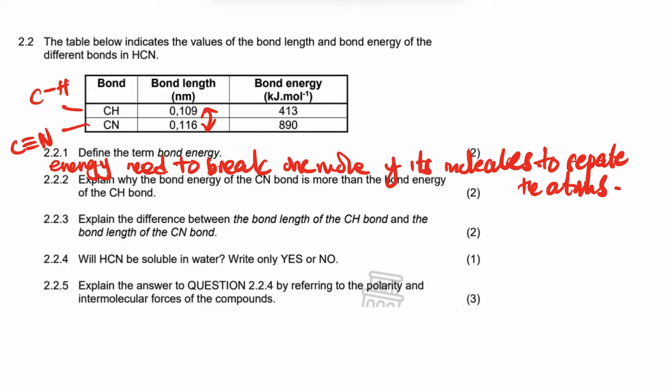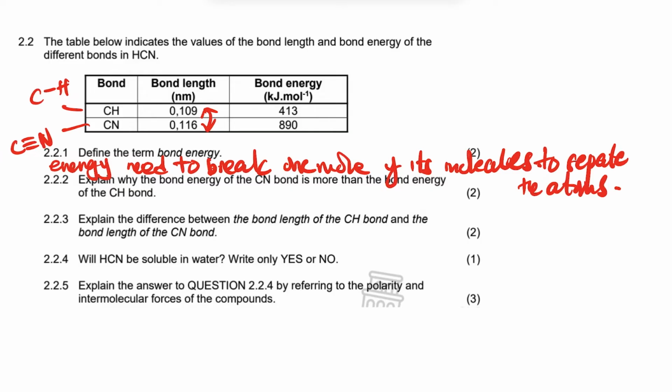Now it says, explain why the bond energy of cyanide is more than the bond energy of the CH. So I'm explaining these energies in terms of the bond order, right?